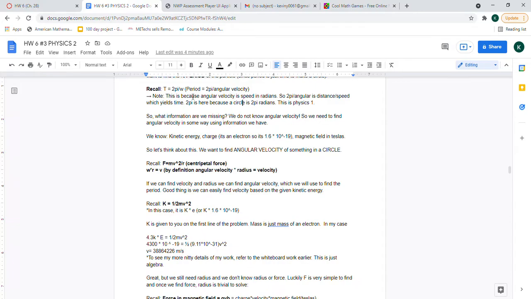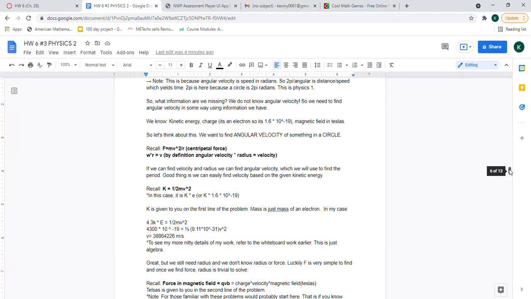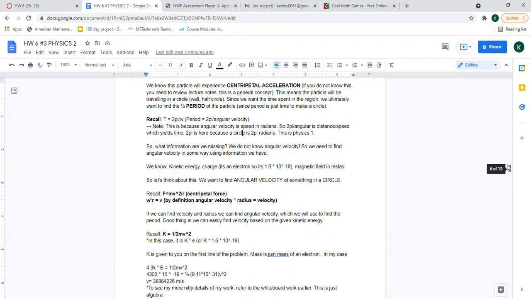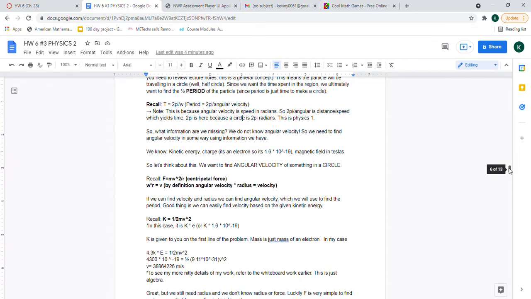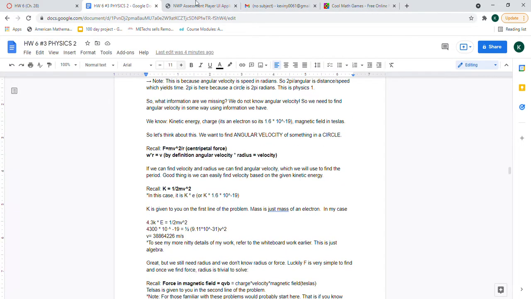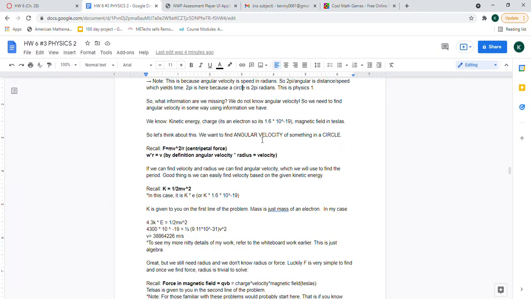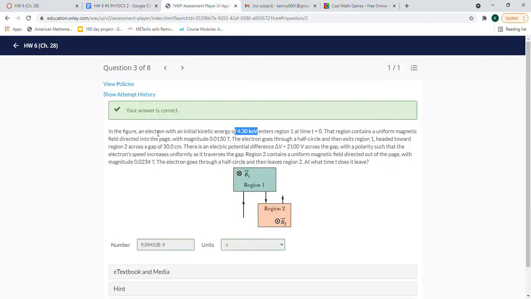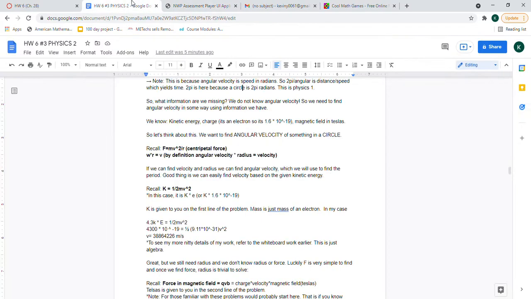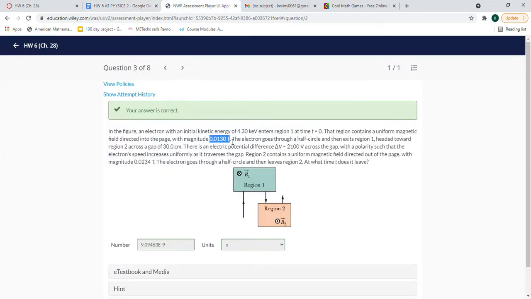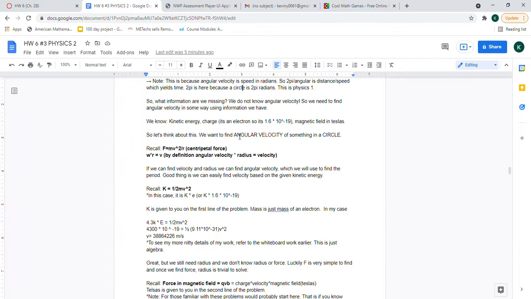So, to find period, we need angular velocity. But we don't know angular velocity. So we need to find angular velocity with the information that we have. So we know the kinetic energy. This was given to us in the problem, right here. We know its charge because it's an electron, and that's a constant charge. And we know the magnetic field in Teslas, right here. So let's think about this. We want the angular velocity of something going in a circle.